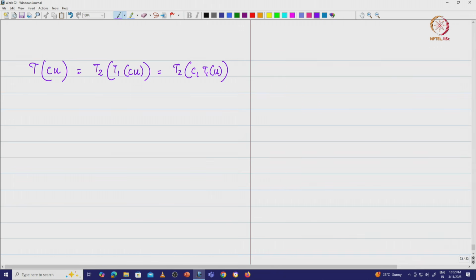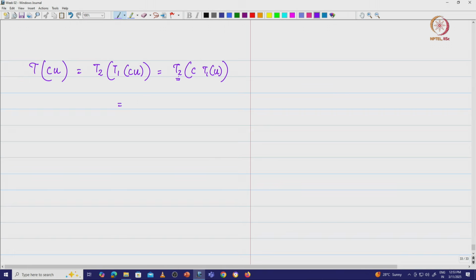T1 of u is going to give me a vector in v, and therefore, transformation T2 is going to apply on a scalar multiple c of a vector in v, because that vector in v is obtained as a transformation of the vector u. So, what am I going to get? T2 is a linear transformation.